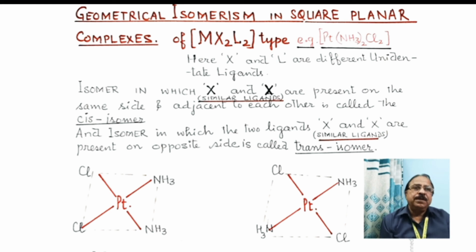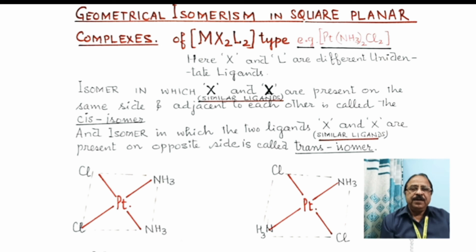A trans isomer is that geometrical isomer in which similar ligands are present in positions opposite to each other. That is why this type of geometrical isomerism, shown by MX2L2 type complexes, is also referred to as cis-trans isomerism.